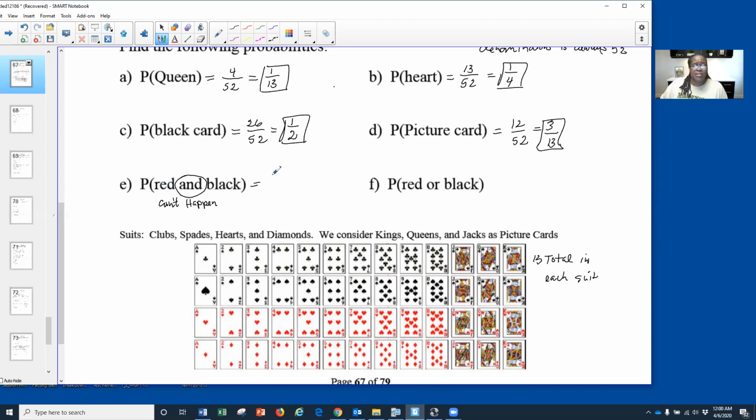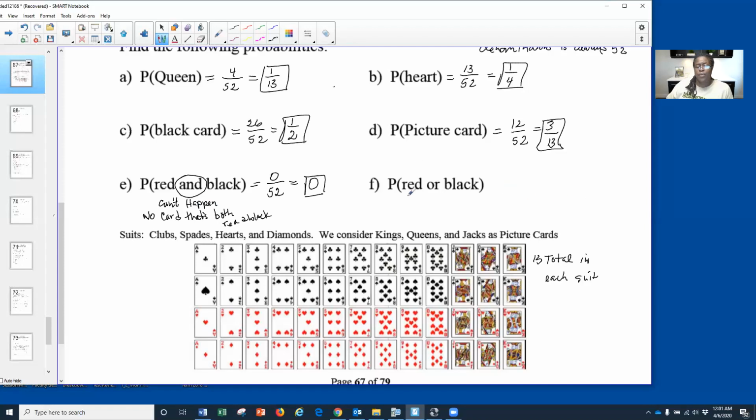So that would be 0 over 52, which reduces to just 0. Can't happen. So what does it mean? No card that's both red and black. Okay.